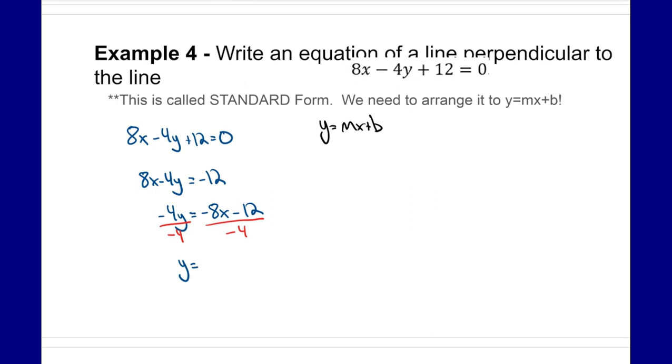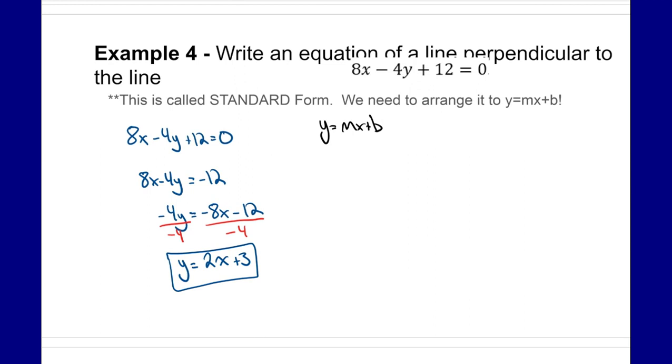So y is left on its own. Negative 8 divided by negative 4 is 2x. And negative 12 divided by negative 4 is positive 3. So now this is the equation of my line. It's not the perpendicular line, it's of my initial line.